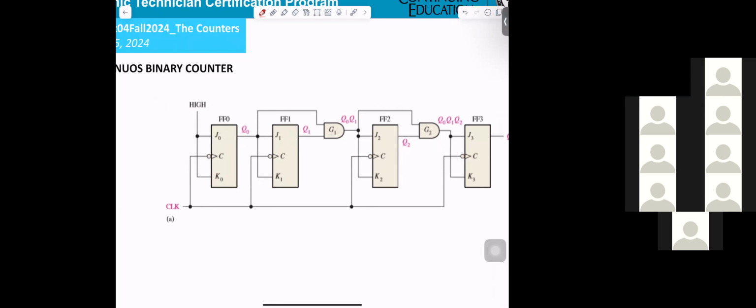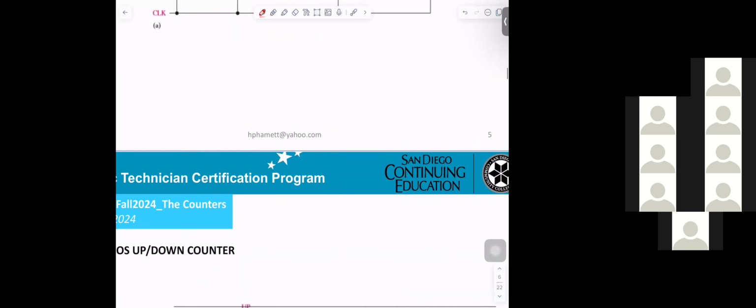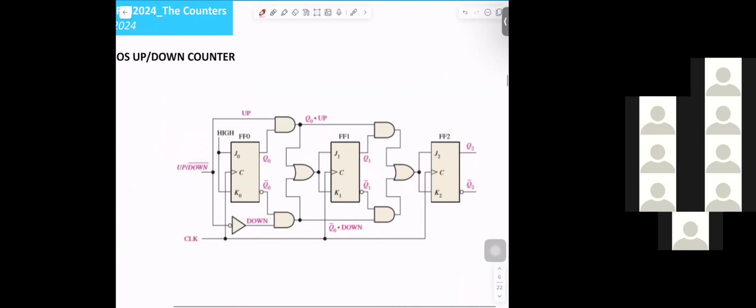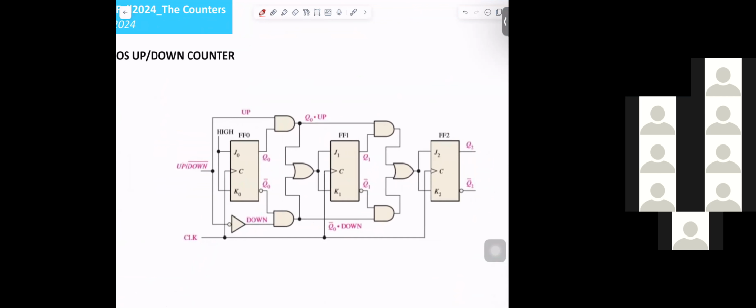And now the same way. That's a synchronous counter. Okay, same thing. What counter is that, synchronous or ripple? Synchronous, perfect.